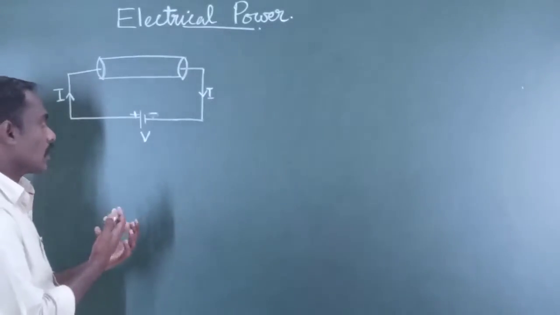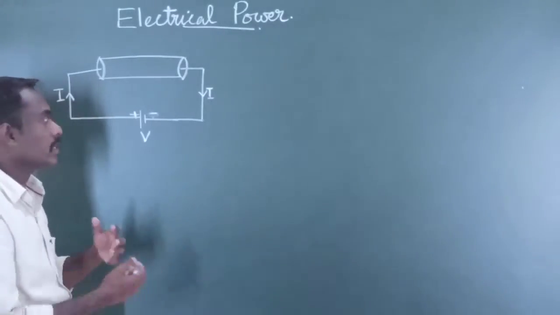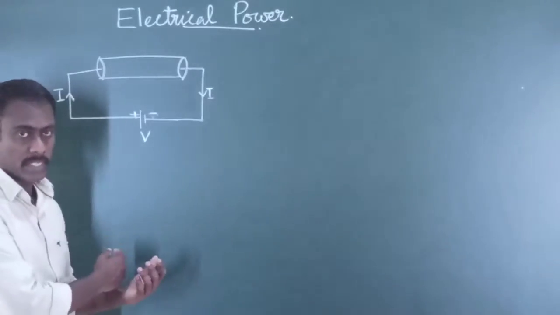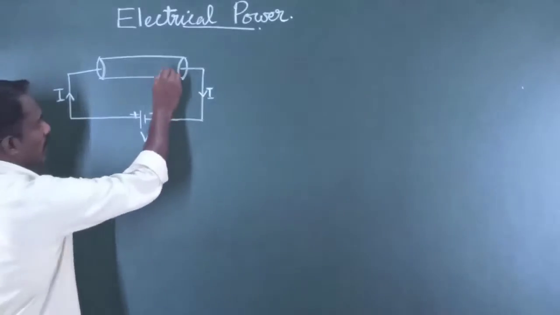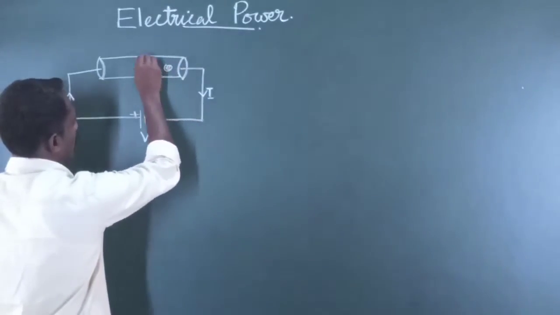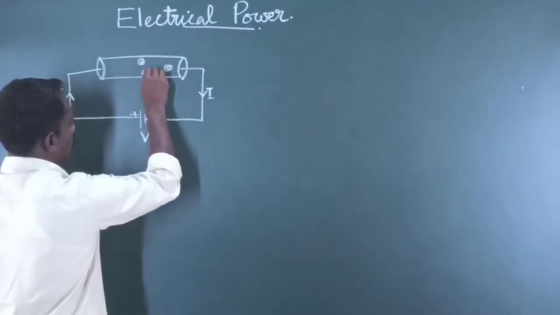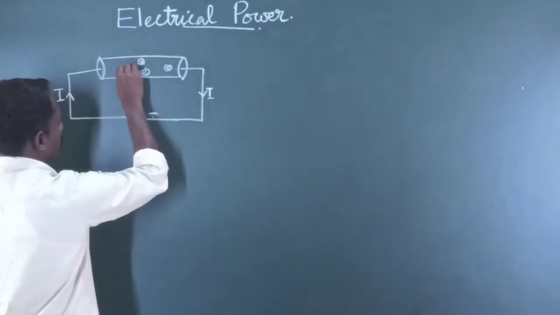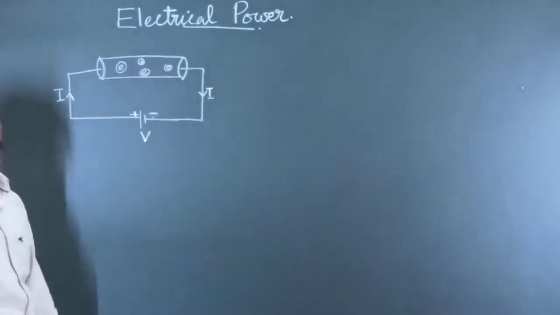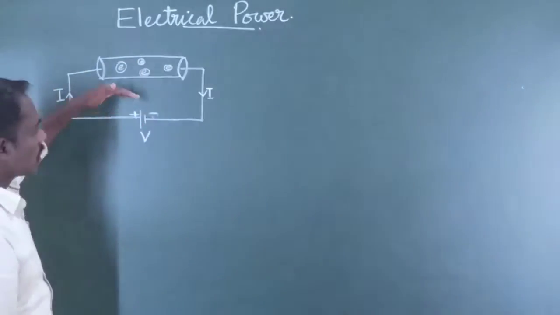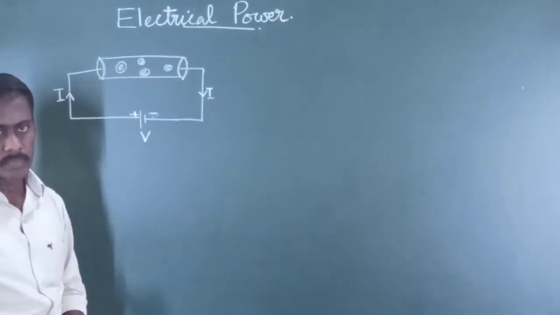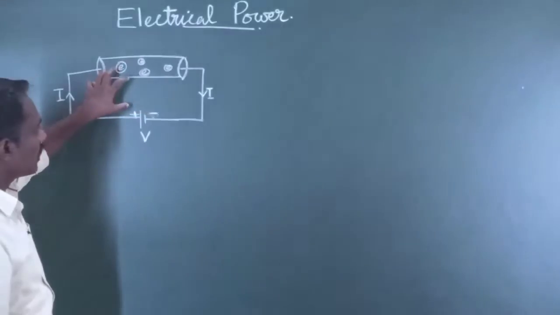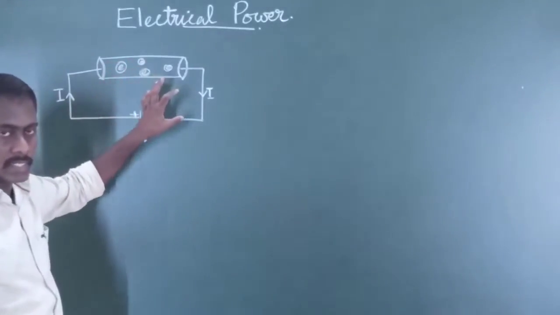But how can this applied potential difference make electrons move in a particular direction? We know that these free electrons move randomly inside the conductor. And what are free electrons? Free electrons are the electrons separated from an atom at normal temperature.